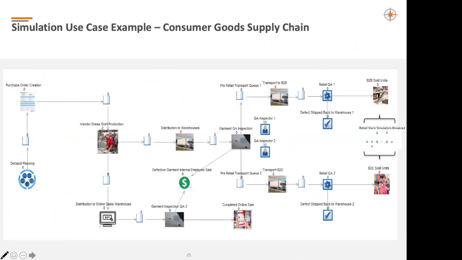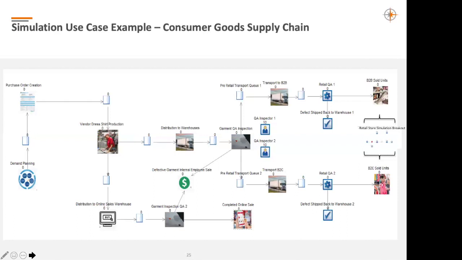This is meant to simulate actually a client of ours that works clothing and apparel across the entire, what I call, end-to-end spectrum of the typical retail supply chain, from manufacturers, whether they're either in the U.S. or offshore, depicted over there on the left, and also driven by the demand planning process that this particular company has, and the purchase orders they create, all the way as you go toward the right through their own distribution warehouses.